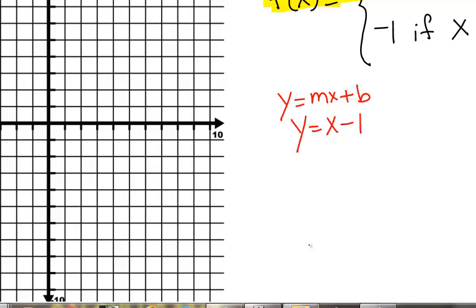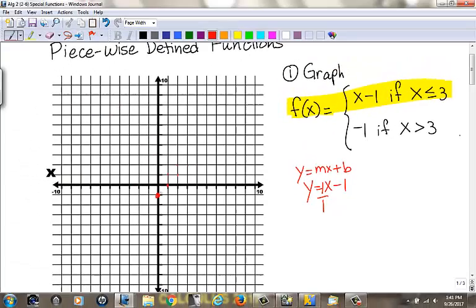So if you want to just watch up here, I might save you some erasing. Y equals x minus 1, so it's going to go through at negative 1. Slope is 1 over 1, so that's rise over 1. You'd go up 1, right 1, up 1, right 1, up 1, right 1. So basically we have a line coming through like so.